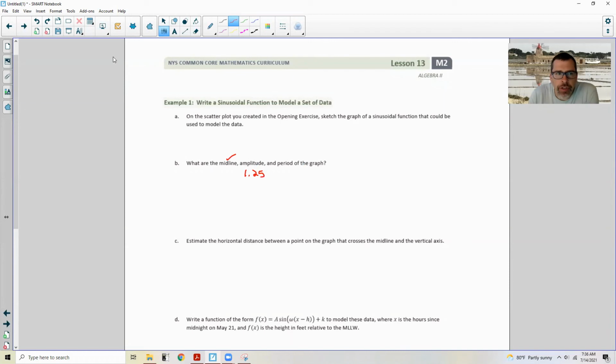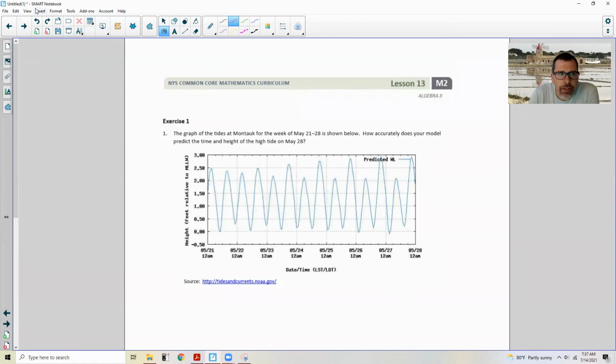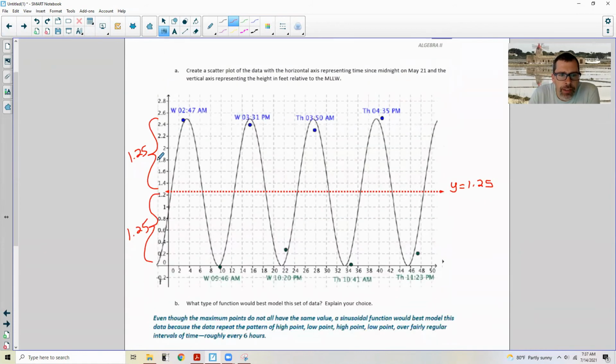The period of the graph, okay, well, if we started right here, up to a maximum, actually, no, let's not start there. The sine graph starts at the midline, so let's say we started right here.